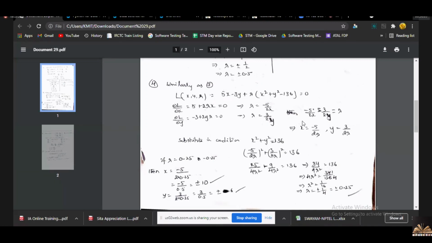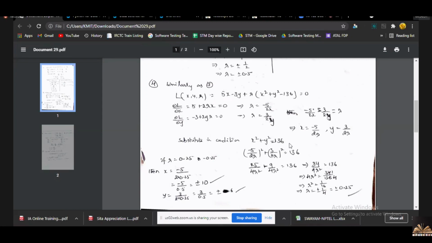Then, from equations 2 and 3, minus 5 by 2x equal to 3 by 2y equal to lambda. So x equals minus 5 by 2 lambda, and y equals 3 by 2 lambda.